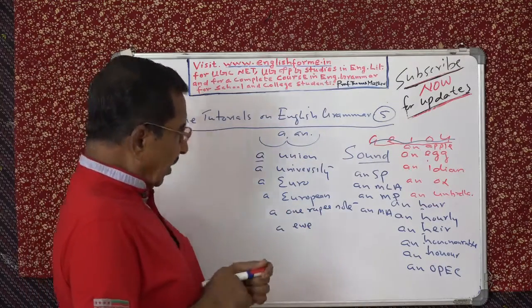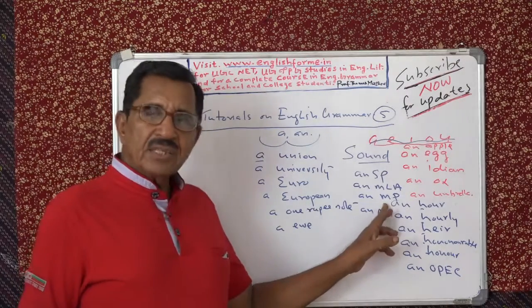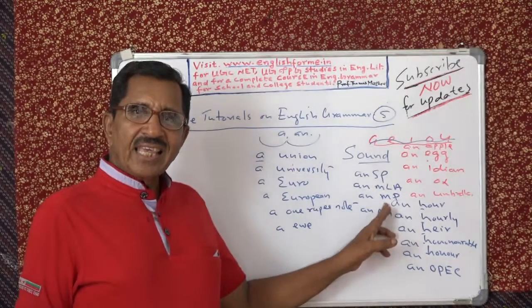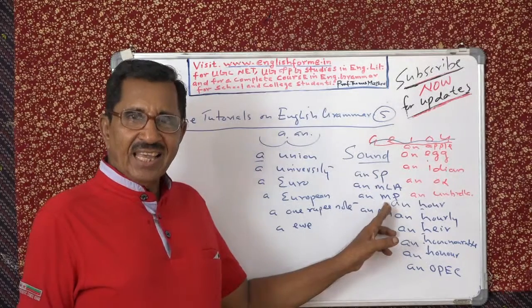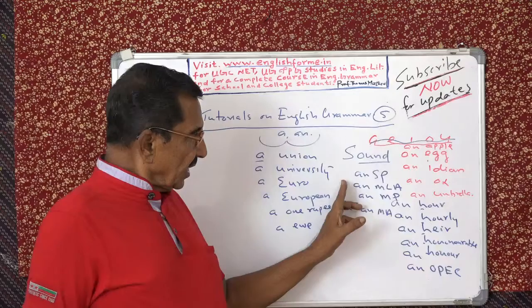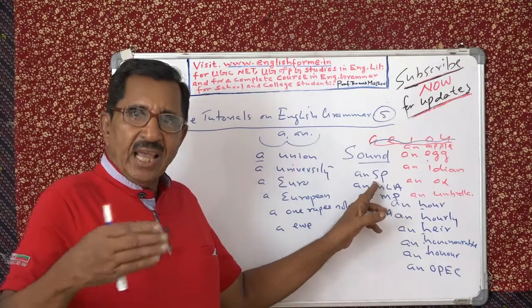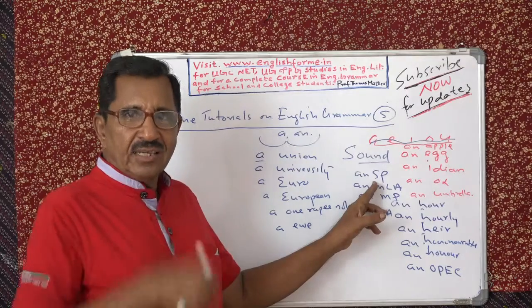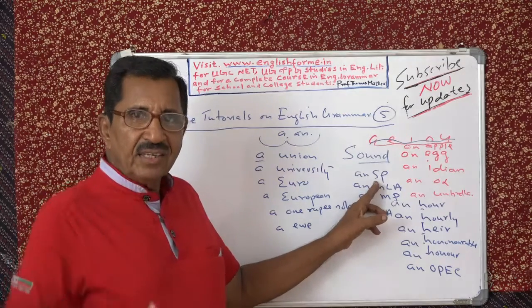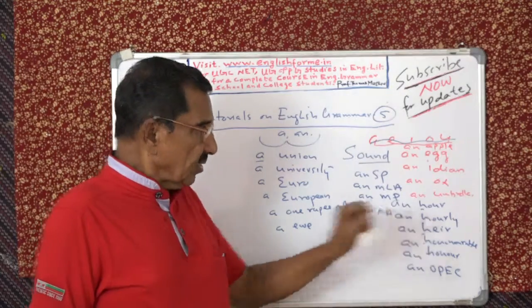So here you have got consonants, but the sound is a vowel sound. Therefore, although you don't find A, E, I, O, U, you have to use "an" here because you begin with the vowel sound. Same thing here also.